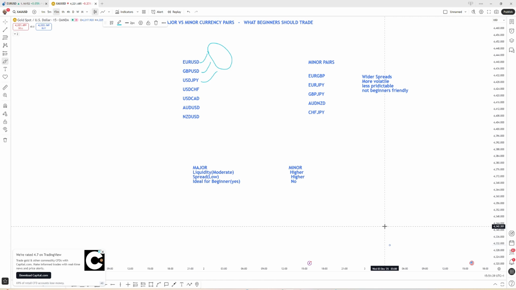When you understand these things, that is when it is advisable for you as a beginner trader to start trading minor pairs. Only move into minors once you have a consistent strategy and risk management routine.